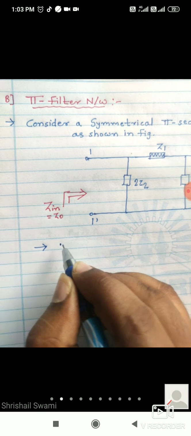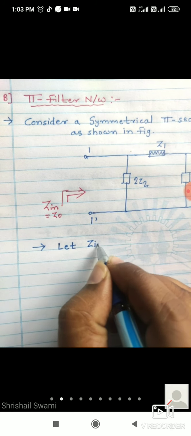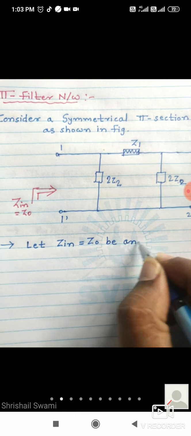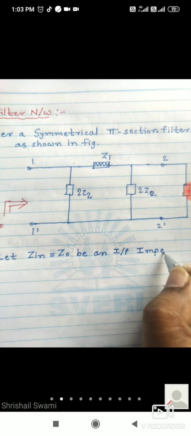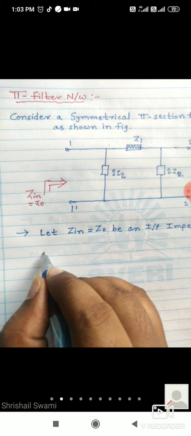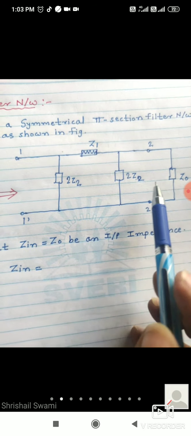Let Zin is equal to Z0 be the input impedance. So you can start to calculate Zin: how the impedances are connected here.